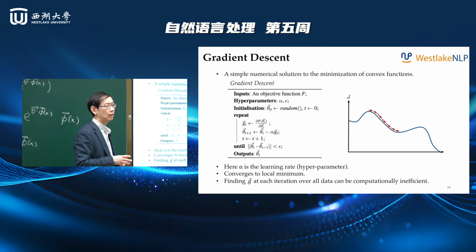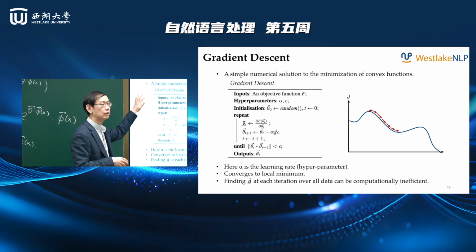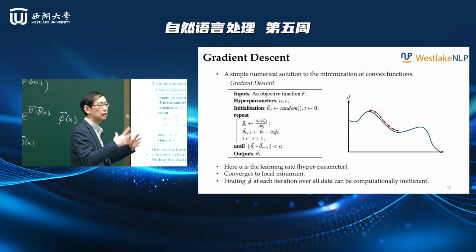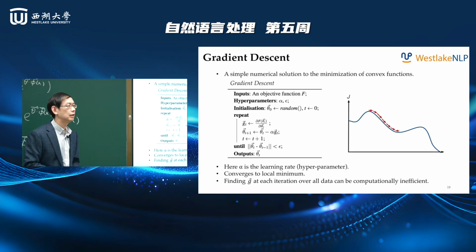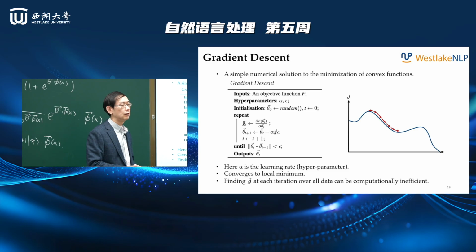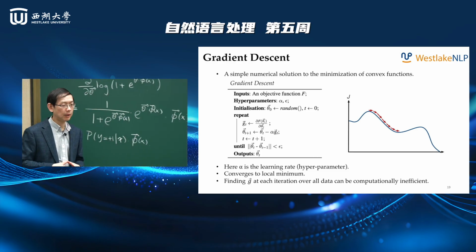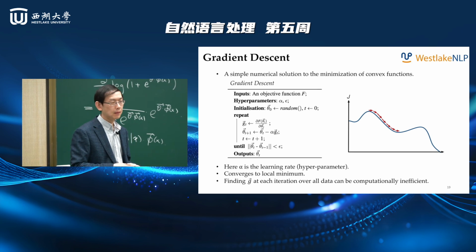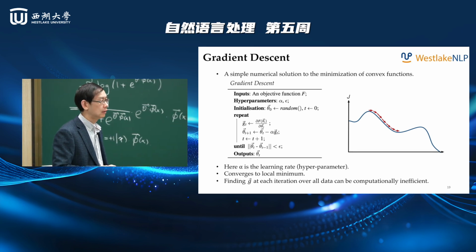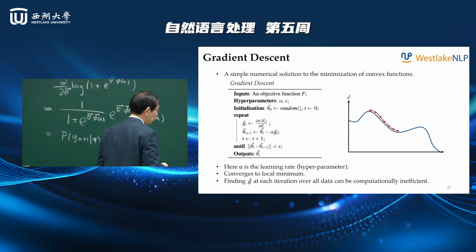We need to calculate the gradient of the model over this huge corpus. It's very inefficient. What we want to do is change the model parameters quicker. So how do we tweak this algorithm?